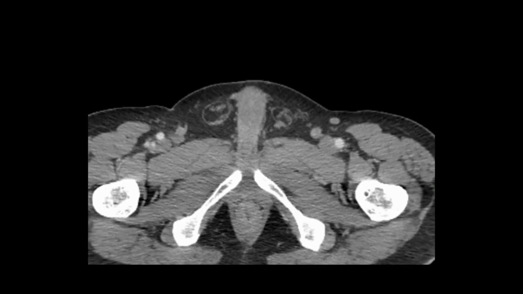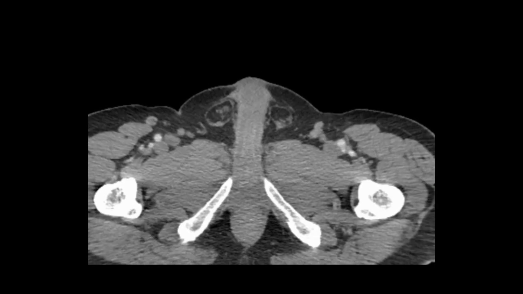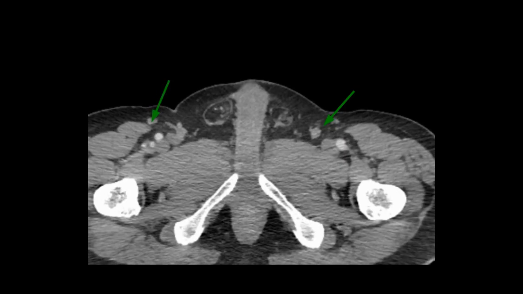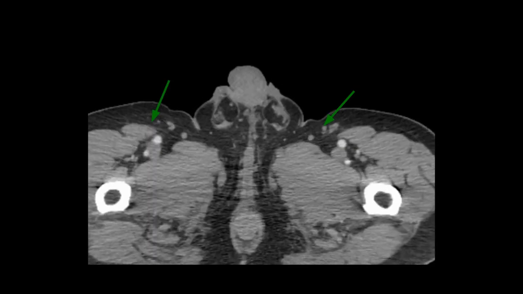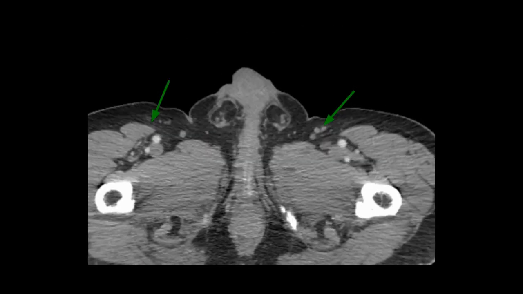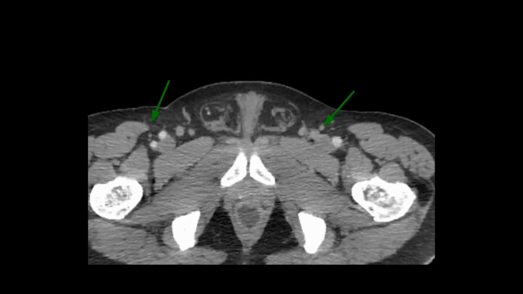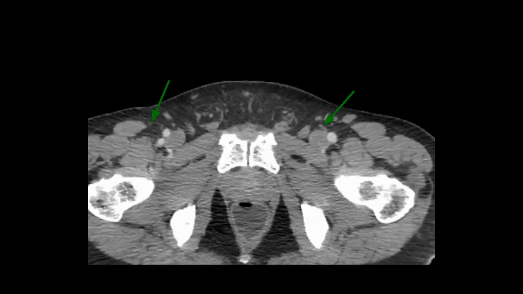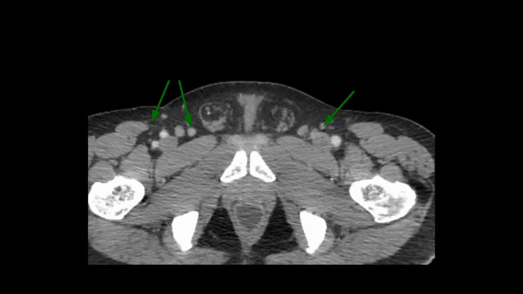For those who have not, you would need to start seeing the scan from where it starts. There are lymph nodes in the groin, right? Bilateral groin lymph nodes. So that you need to see. Multiple groin nodes, right?